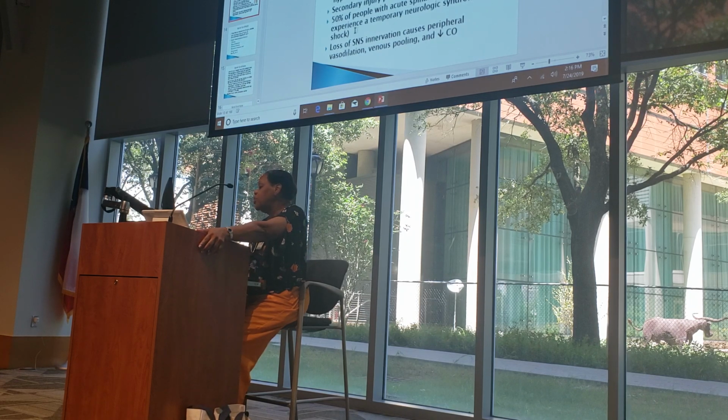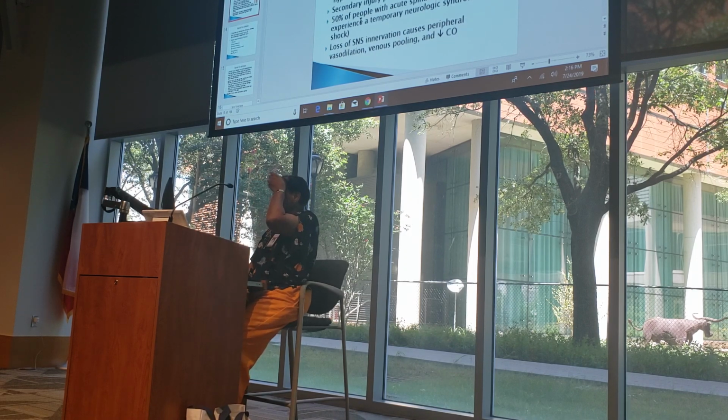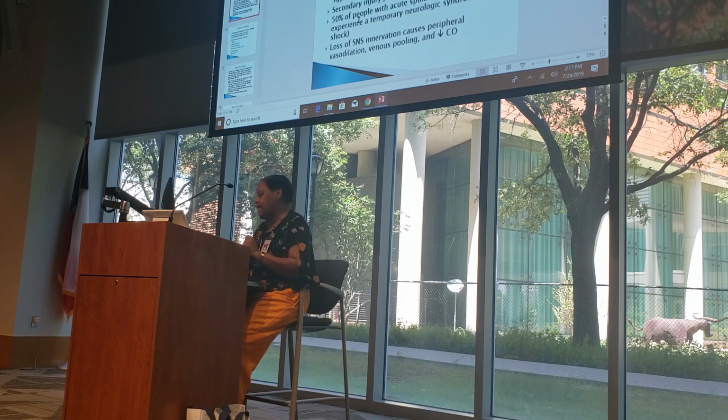50% of people with acute spinal cord injury experience a temporary neurological syndrome, spinal shock. Spinal shock. It's temporary though. Let's see. Decrease in cardiac output, okay?